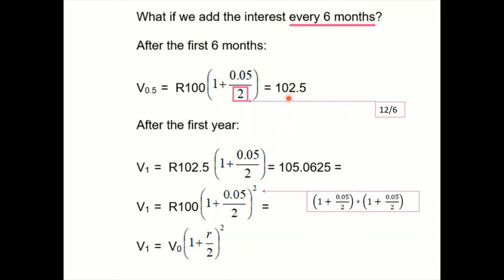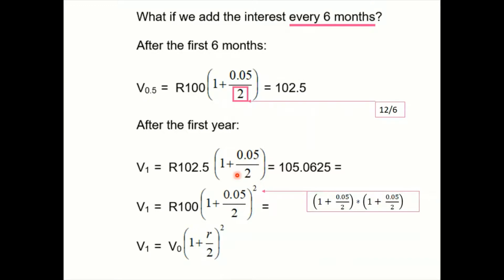But we are still investing for a year. It's just that interest is being added every 6 months. So we still want to know the value after the first year. After the first 6 months, our value was 102 Rand and 50 cents, as we calculated here. And then we will also be adding interest for the second half of the year.